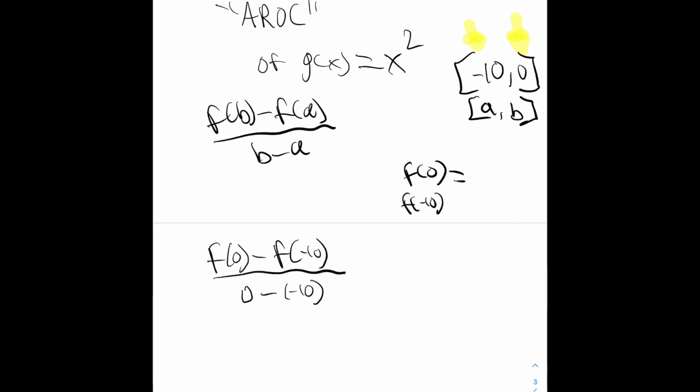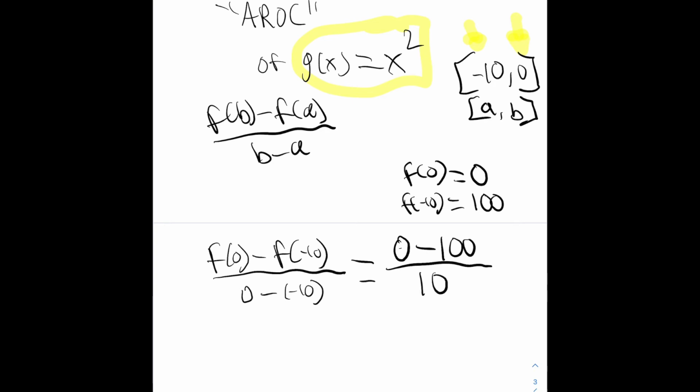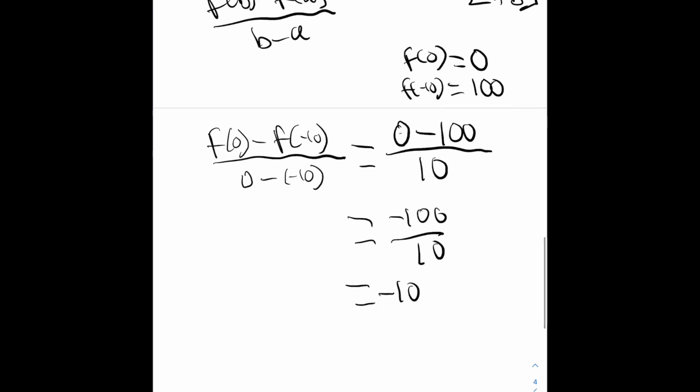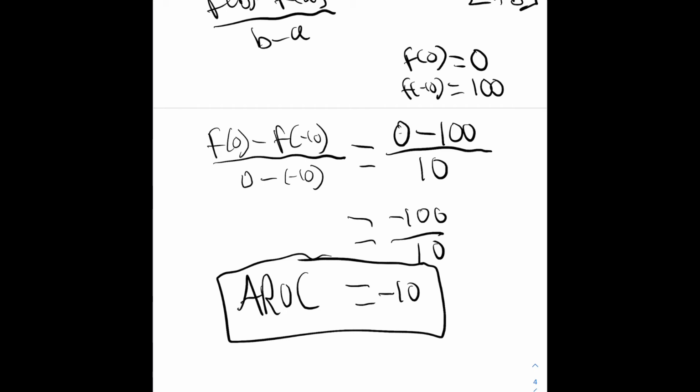My equation, g of x equals x squared. So if I plug in a 0, I'm going to get a 0. And if I plug in a -10, -10 squared is 100. So now I can easily plug in: 0 minus -10 is +10. So this is going to equal -100 over 10, which equals -10. So my average rate of change from -10 to 0 is -10.